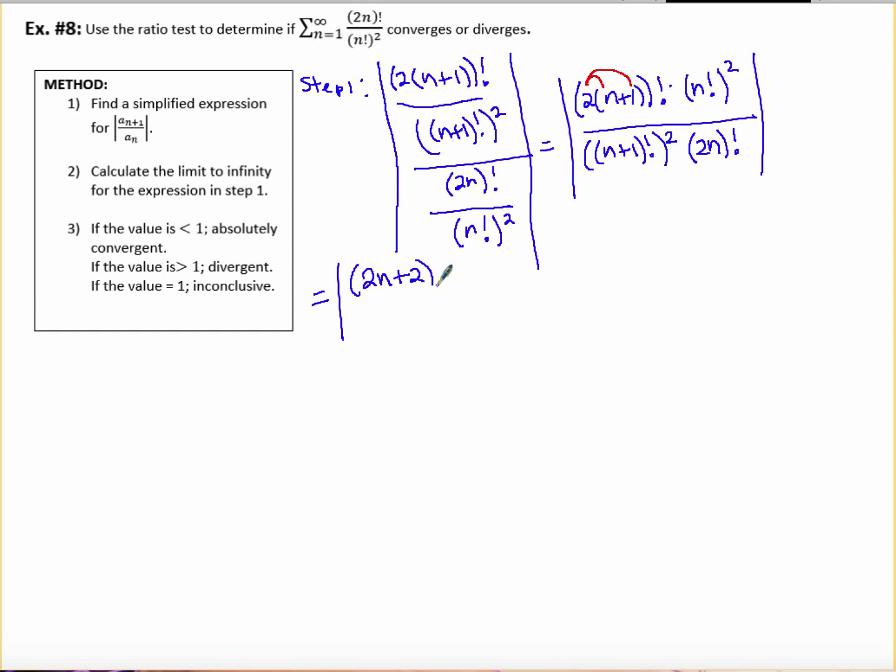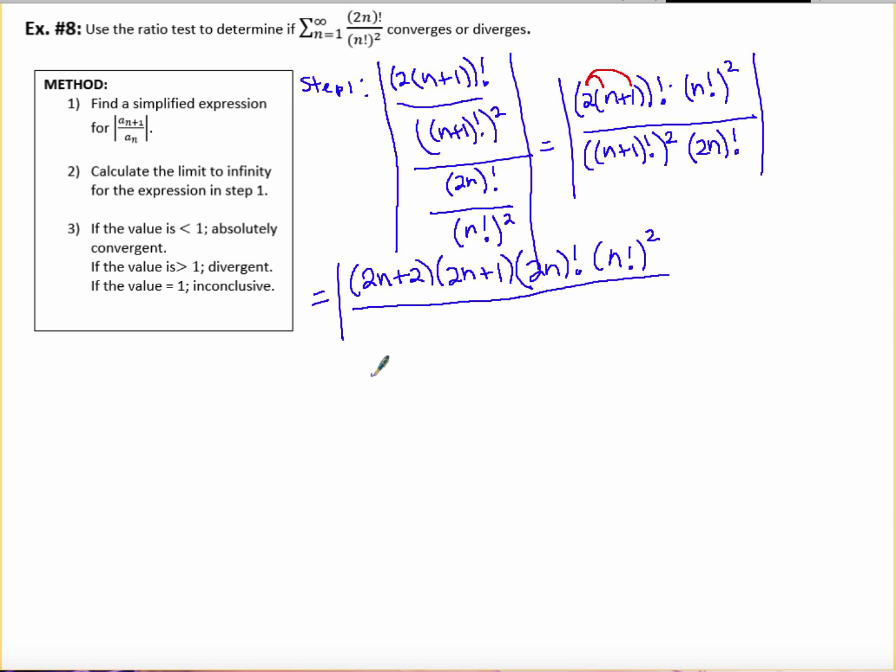So I'm actually going to expand it out. So I'm going to go 2n plus 1. So you just subtract 1 each time that you need to expand out your factorial. Then you're going to have 2n factorial. Now I stopped here because I had a 2n factorial in the denominator, and of course I'm hoping that I can cancel those out. And then I've got my n factorial squared.